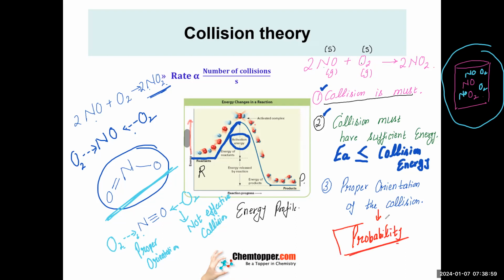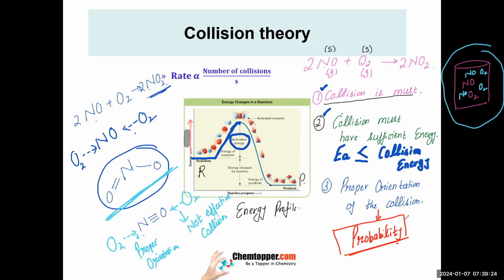But how can I increase this probability of proper orientation? I want to have more collisions with proper orientation. How can I do that? If I increase the number of collisions, it's like when you are playing, you're going to hit something. The more you play, the more are the chances that you will win. Correct?